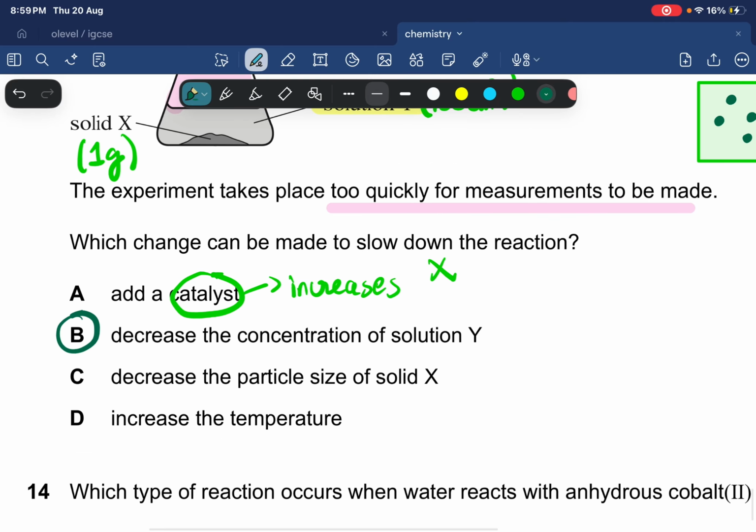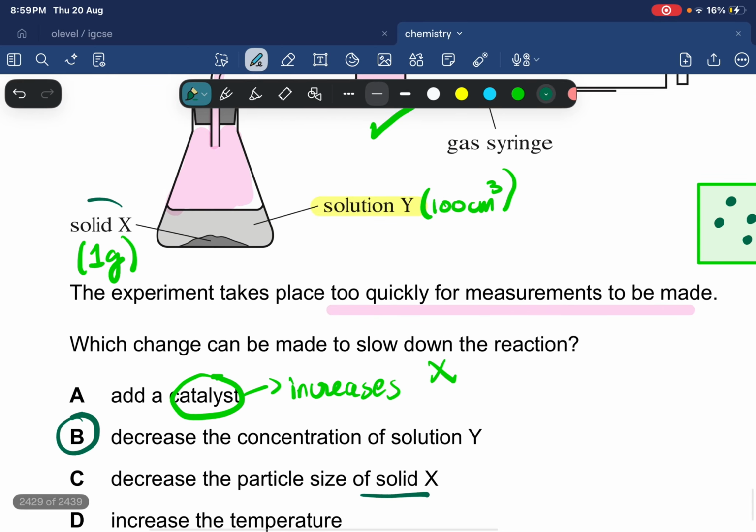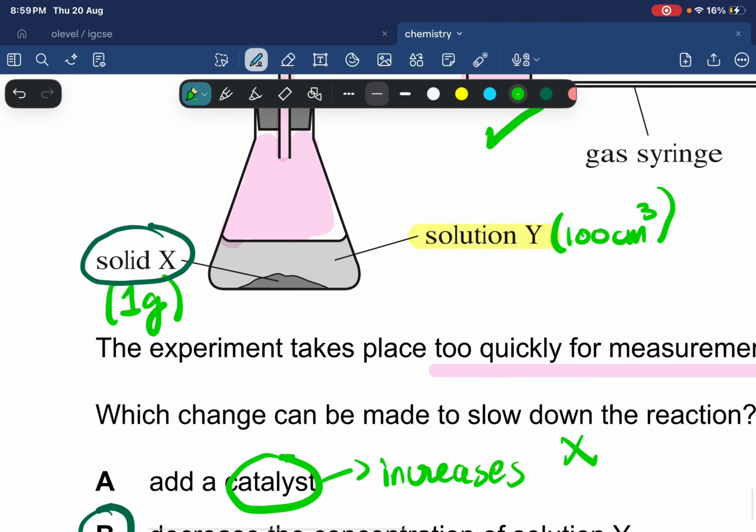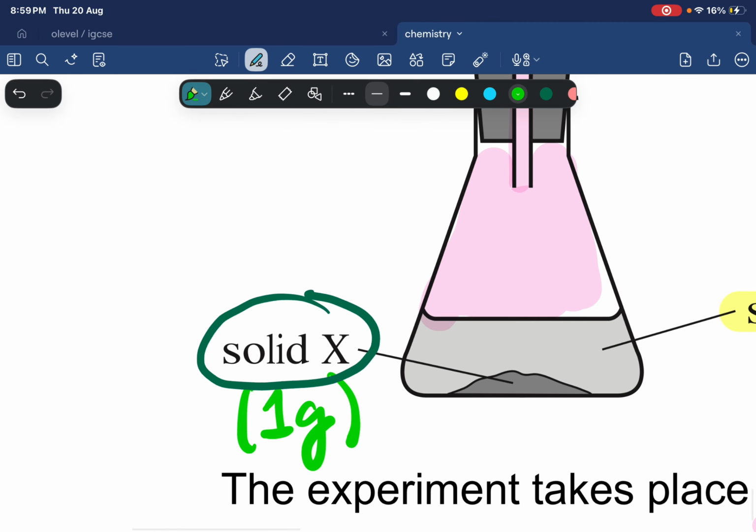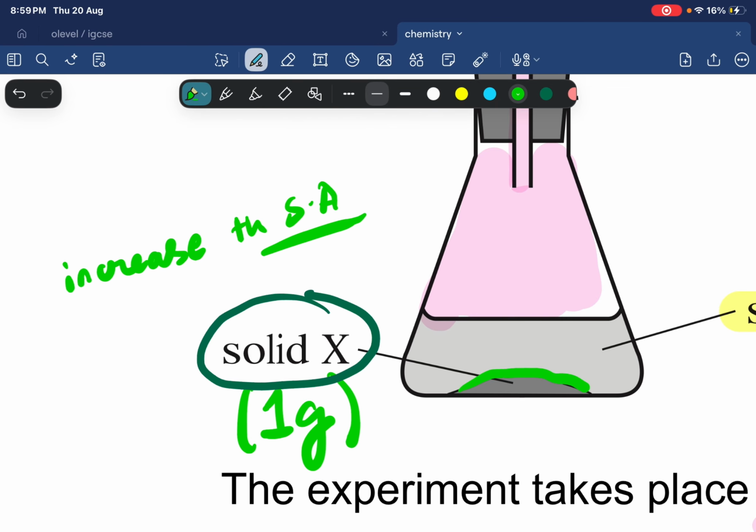So decreasing the concentration works. Decrease the particle size of solid X? When you decrease something's size, you increase the surface area. Decreasing the size of the solid increases the surface area, and with more surface area you have more collisions.